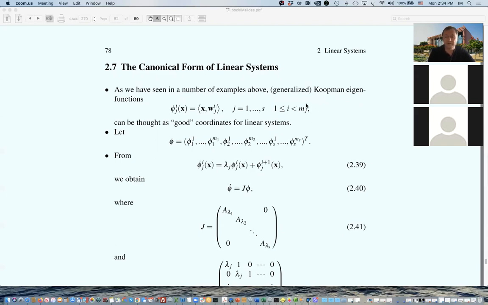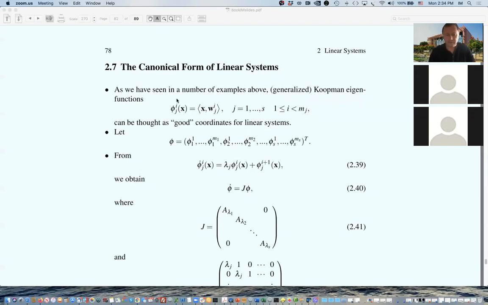For example, if algebraic multiplicity is mj and geometric multiplicity is just 1, then we go from 1 to mj, and in that case, the dual eigenvectors span the generalized invariant subspace.